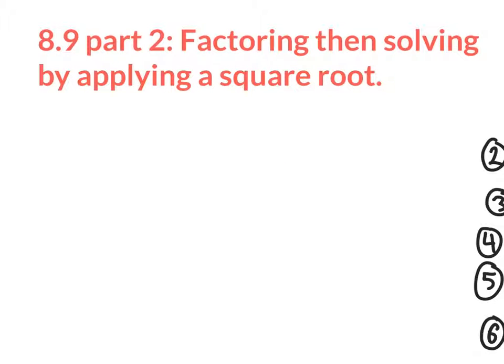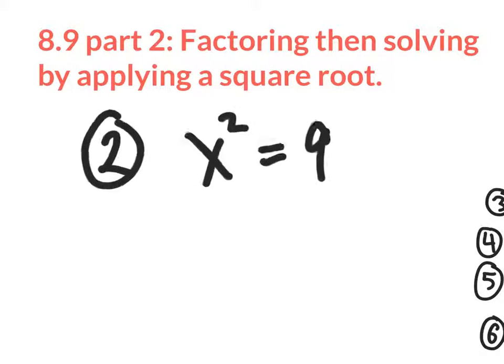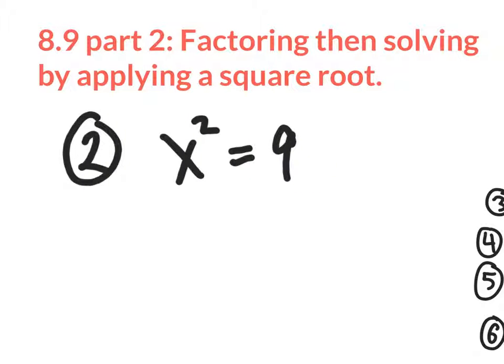I want to jump to this one right here. We have an equation that says x squared equals 9. So you don't even think about doing any math. Just what number could fit in there? 3, right? 3 squared equals 9. So x equals 3, but x could also equal, anybody?